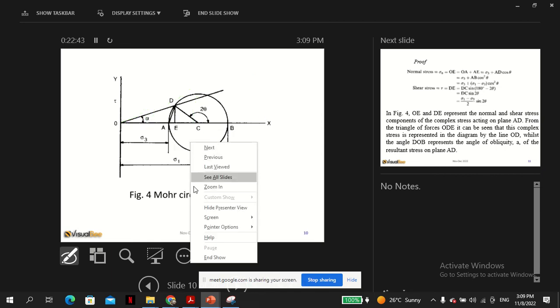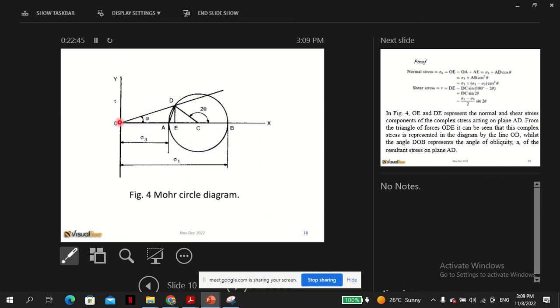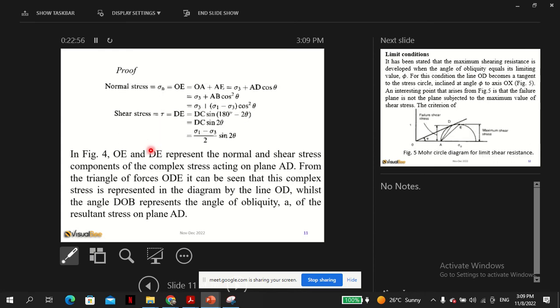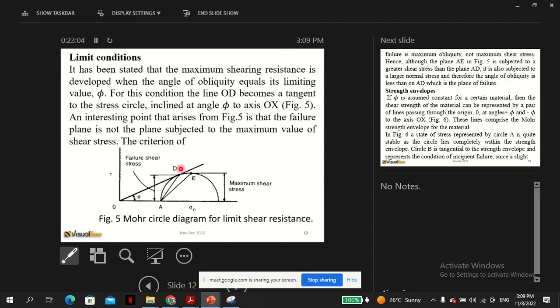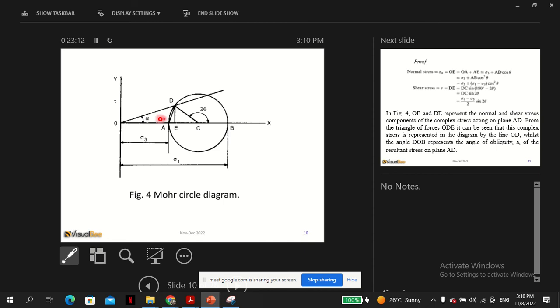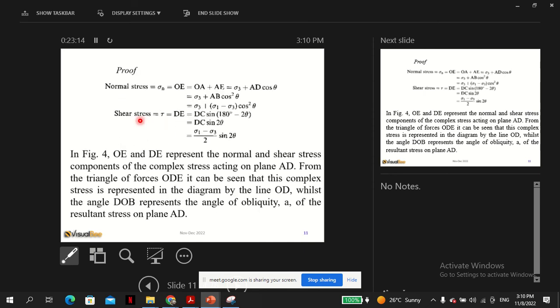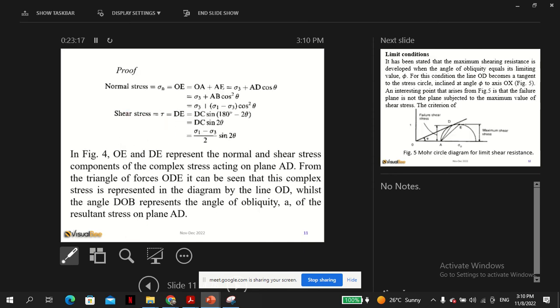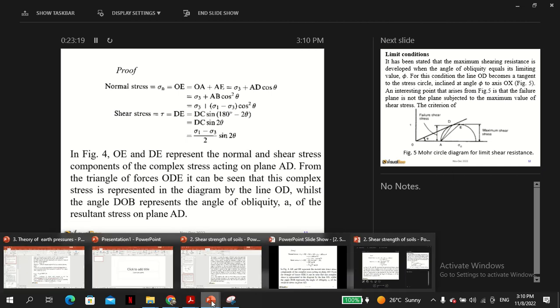So for now we are saying that the complex stress, this is the horizontal component, the vertical component, and then the resultant is OD. Whilst the angle DOB represents the angle of obliquity, this angle here. That angle should be called alpha.